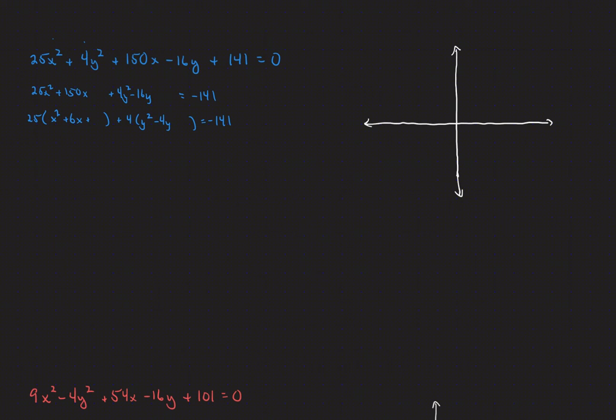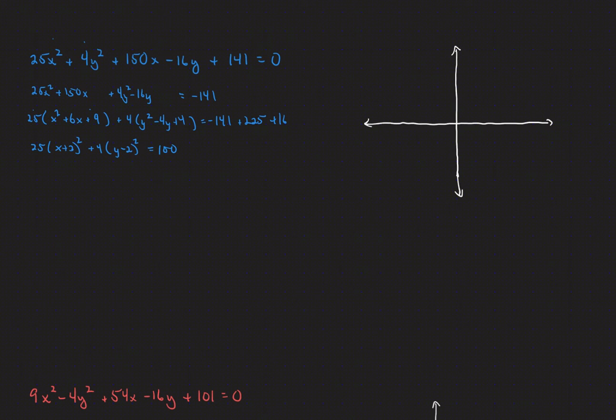Half of 6 is 3. 3 squared is 9. 9 times 25 is 225. Half of 4 is 2, squared is 4, times 4 is 16. So let's see, we've got 25 times x plus 3 squared plus 4 times y minus 2 squared is equal to, let's see, 225 and 16 is 241. 241 minus 141.